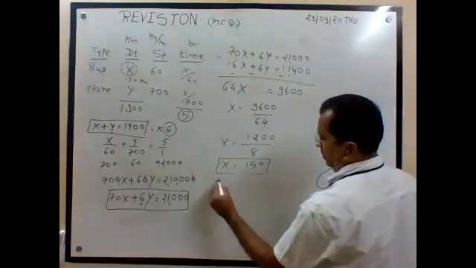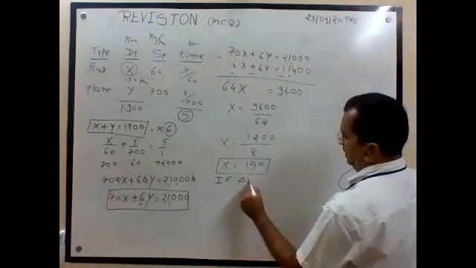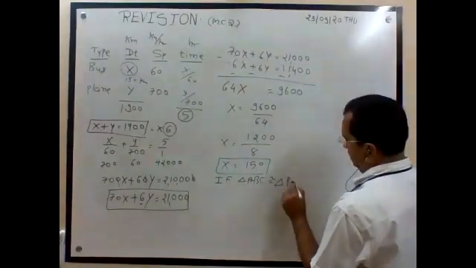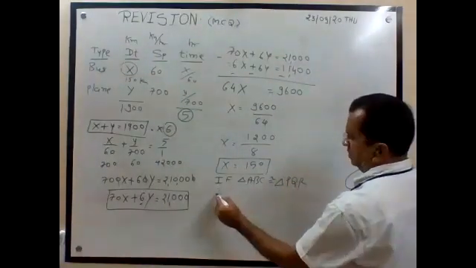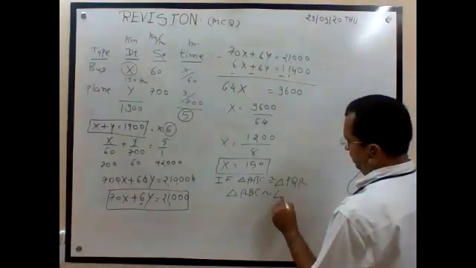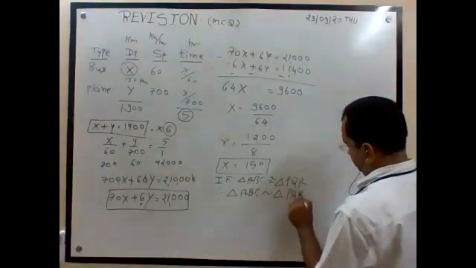If triangle ABC is congruent to triangle PQR, therefore triangle ABC is similar to triangle PQR.